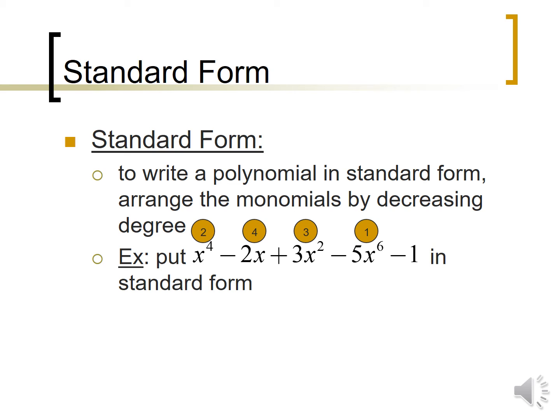And after that, we'll have that constant, that minus 1, because the degree of minus 1 is 0. So my final answer: negative 5x to the sixth plus x to the fourth plus 3x squared minus 2x minus 1. Make sure all of this is in your notes.